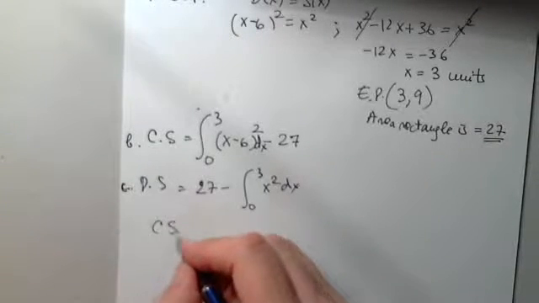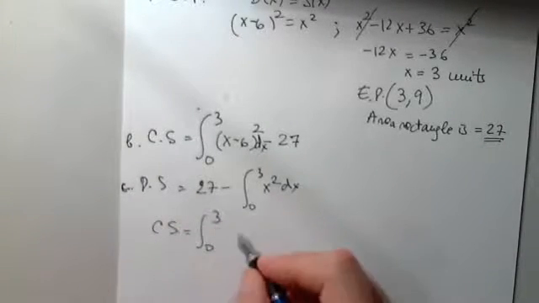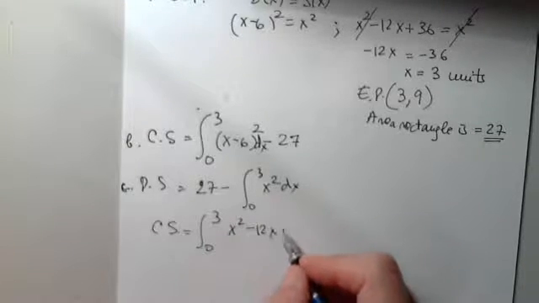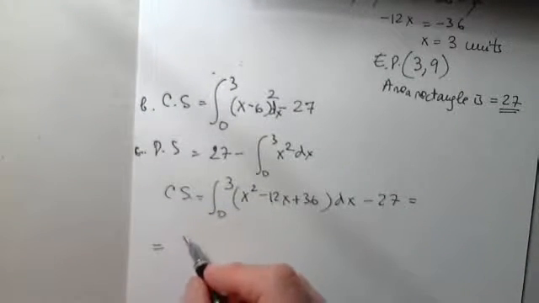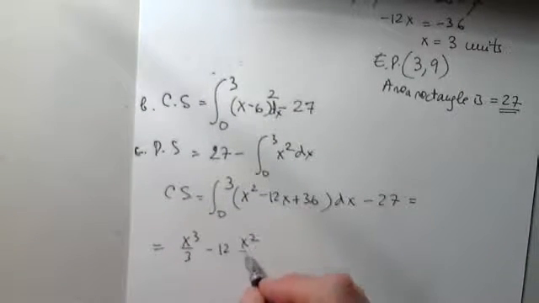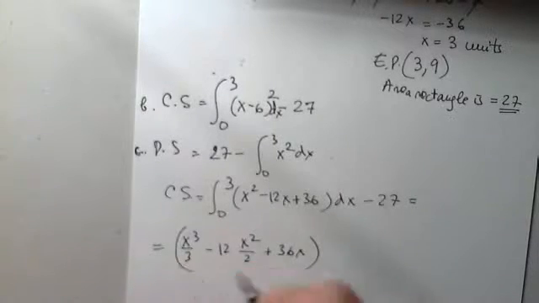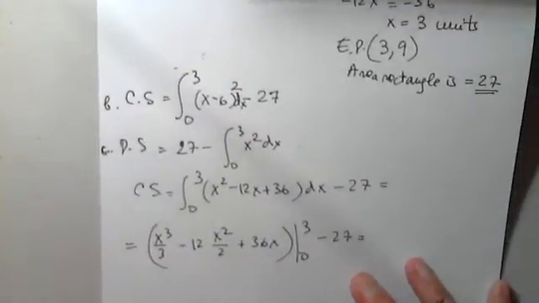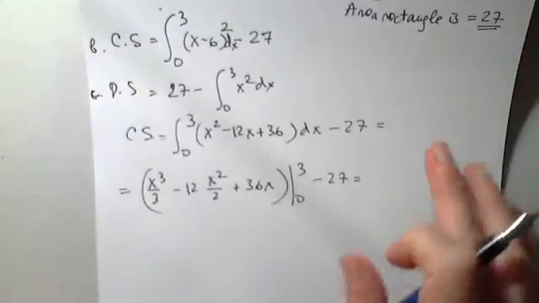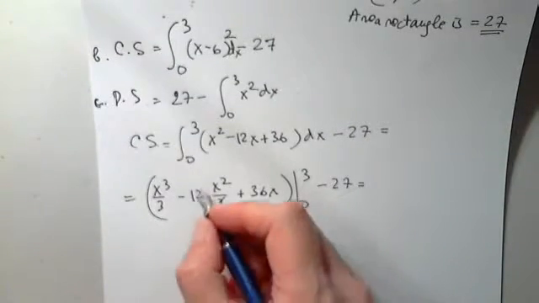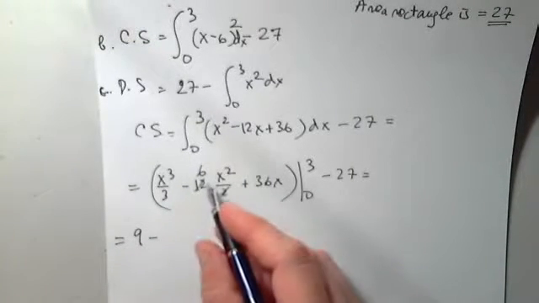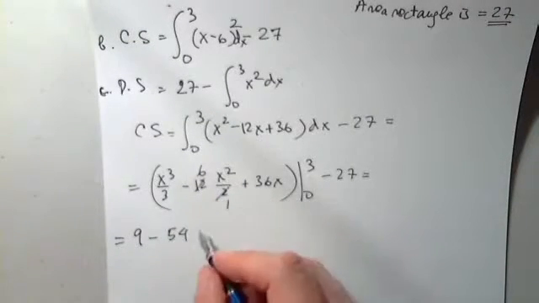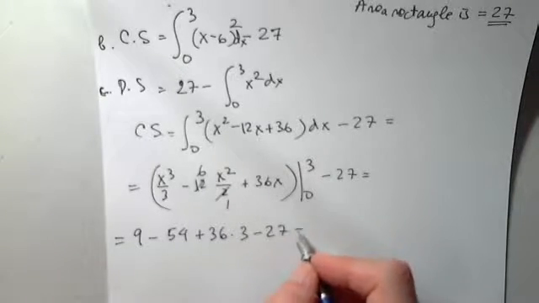For the consumer surplus, the integral from 0 to 3 of x squared minus 12x plus 36 dx minus 27. This is x cubed over 3 minus 12x squared over 2 plus 36x from 0 to 3, and minus 27. When I replace x by 3, I get 27 over 3, which is 9, minus 54 plus 36 times 3, and minus 27.